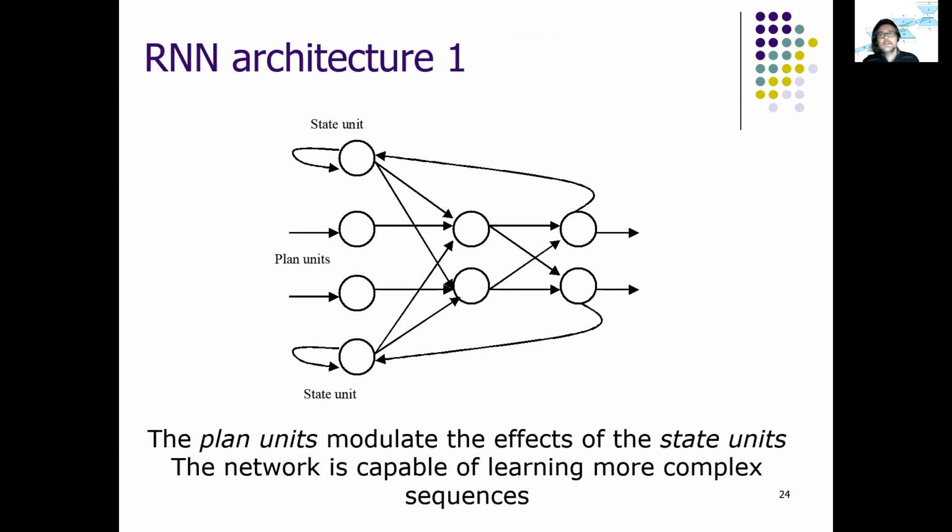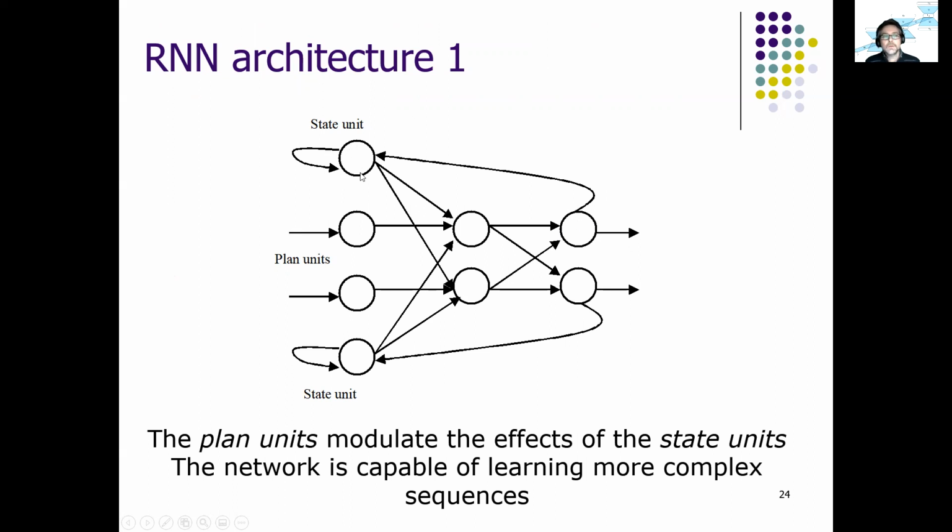This is another architecture that was introduced by Michael Jordan, who did work in neural networks in the 80s and 90s. It's a recurrent neural network which has plan units and state units. As you can see, it's a kind of feed-forward network, but there are also feedback connections. The feedback comes from the output nodes.